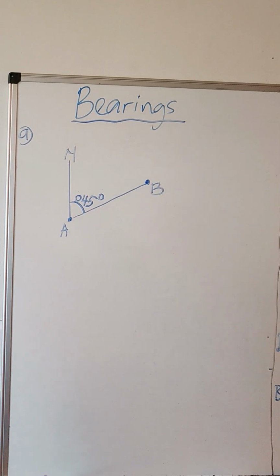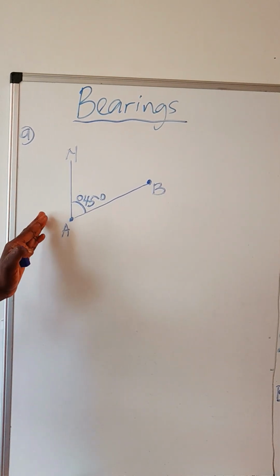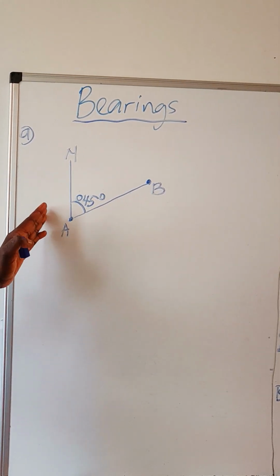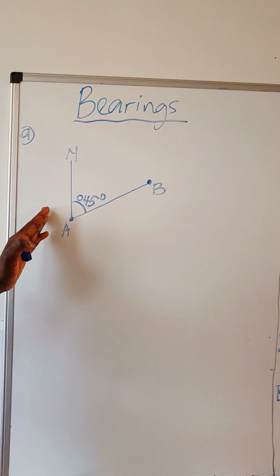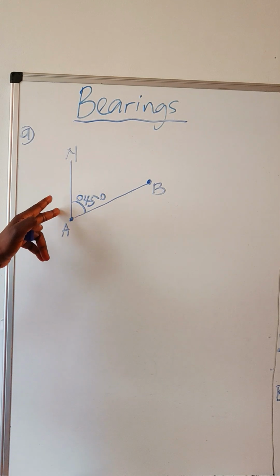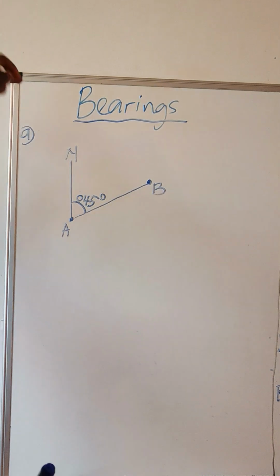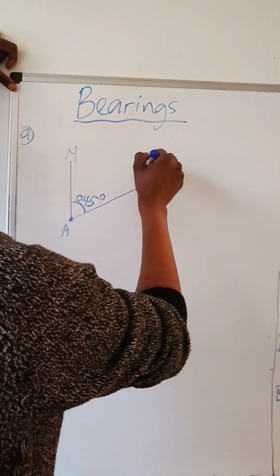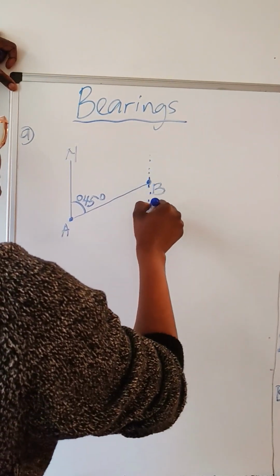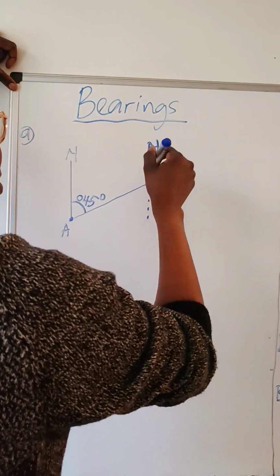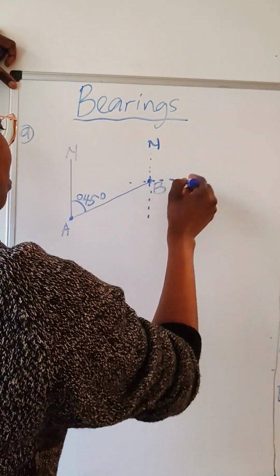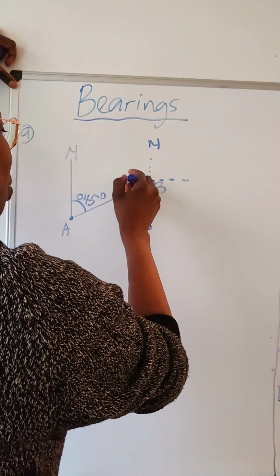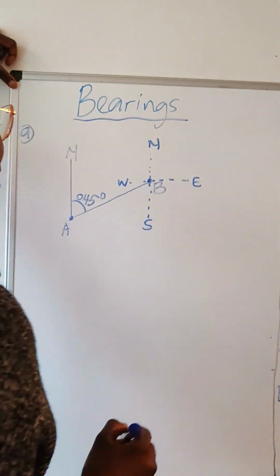Okay, viewers, this is the bearing of B from point A. Now we want to calculate the bearing of A from point B. So we establish the four cardinal points here. This is north, south, west, east.